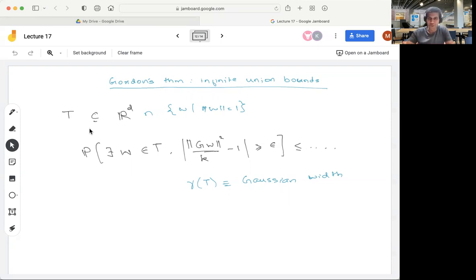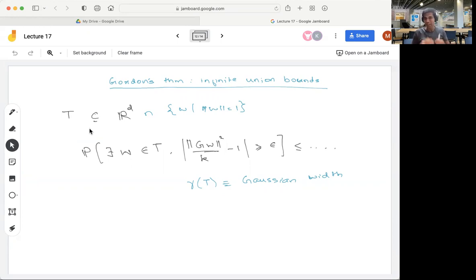For example, if you know more about it, there are measures of how complicated the set of hypotheses is. One such thing is what's called the VC dimension of the set. And if you can say that the set of objects over which I'm taking the union bound is kind of simple, then you can do better than the naive union bound.